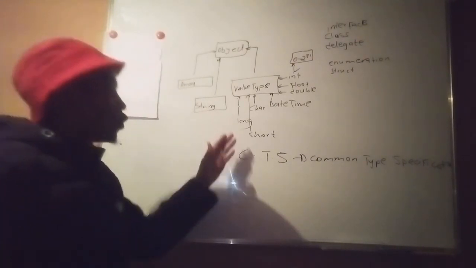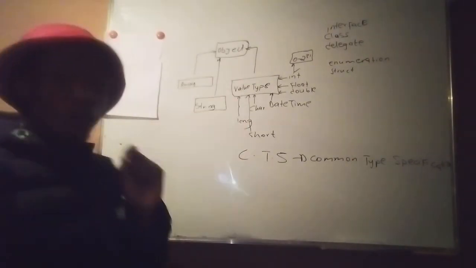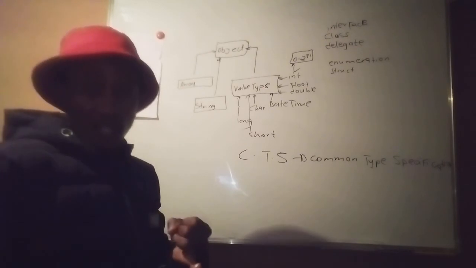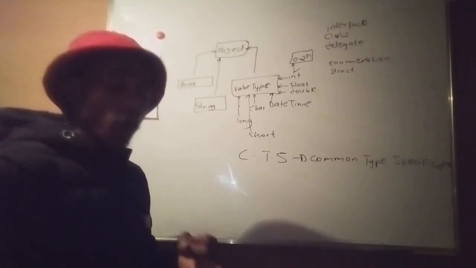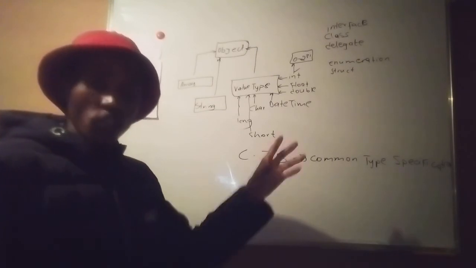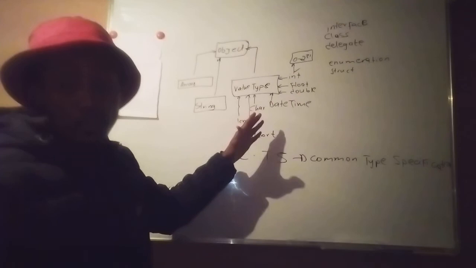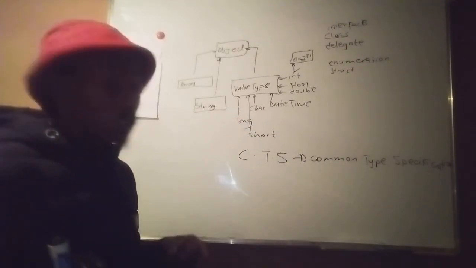So basically, when you declare a variable of any of these types, the compiler has information about how much space you need and where the memory should be allocated, on the stack or on the heap, depending on the type of data you want to work with. Does that make sense?